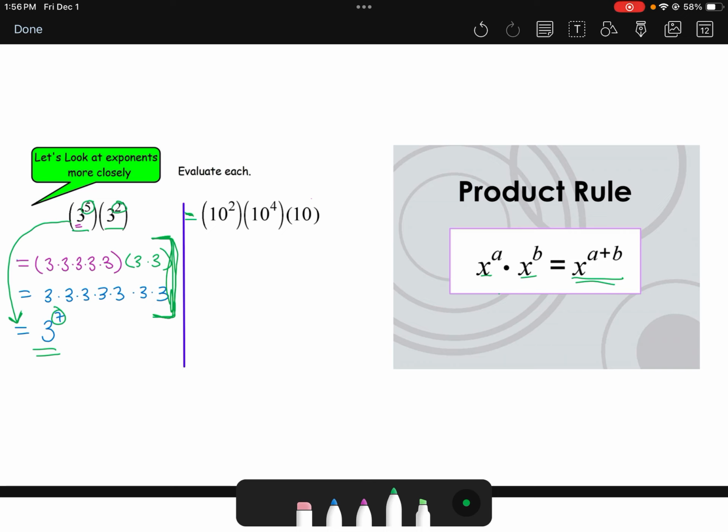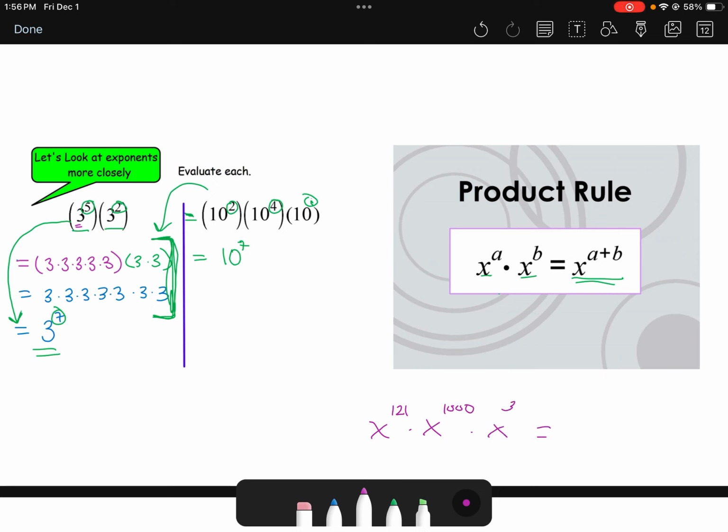Okay, let's see how nice this shortcut works. I have 10 squared times 10 to the 4th times 10, and if you want, you can put a little 1 here, 10 to the 1. They all have the same base, which is 10. So we have being multiplied 2, 4, and 1. 2 plus 4 plus 1 is 7. But what if I had something like x to the 121 times x to the 1,000 times x to the 3rd?